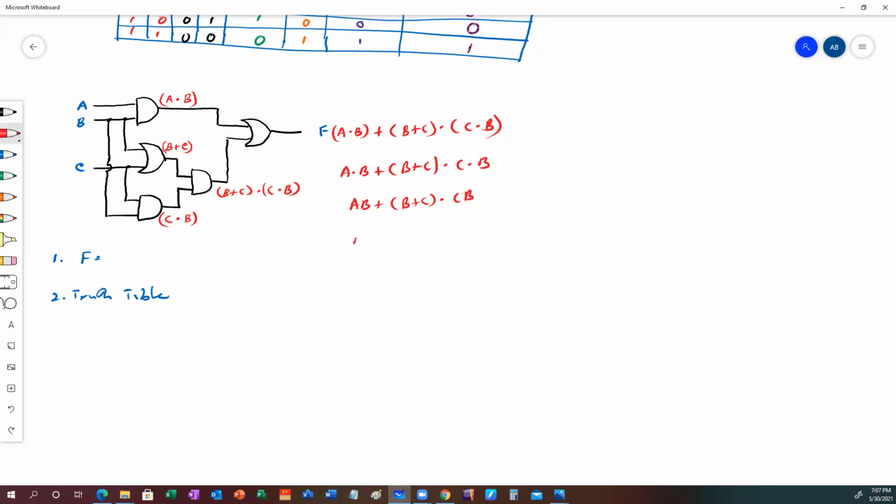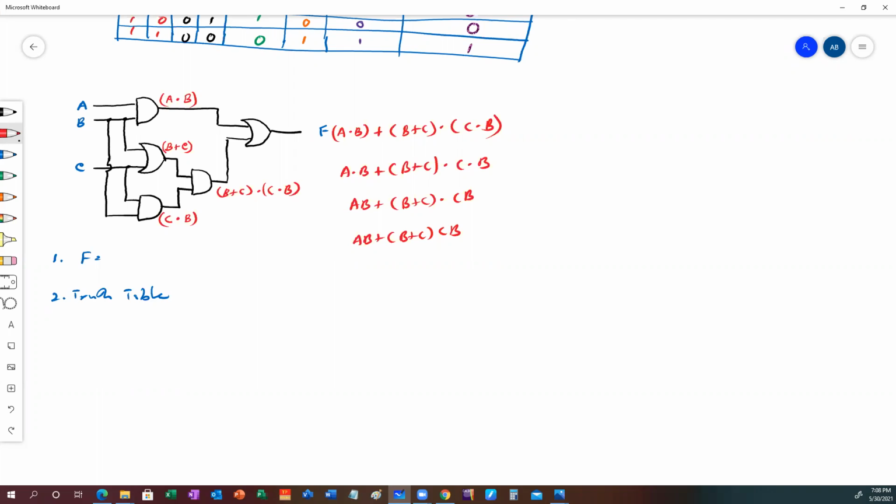Or it can be A, B, OR, B or C, C, B. It is fine without the dot, because it is implied, so we don't write it. Right. So you have to understand this one. Here you don't have NOT gates, only AND gates and OR gates.